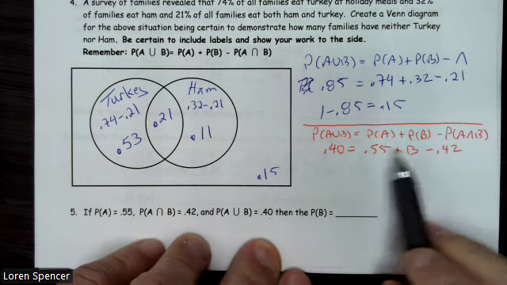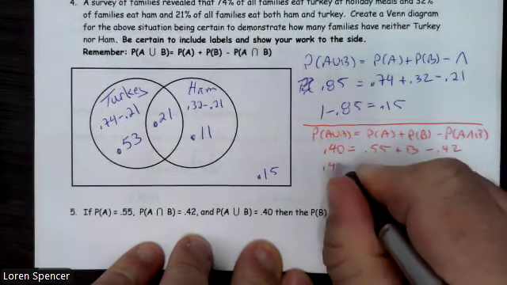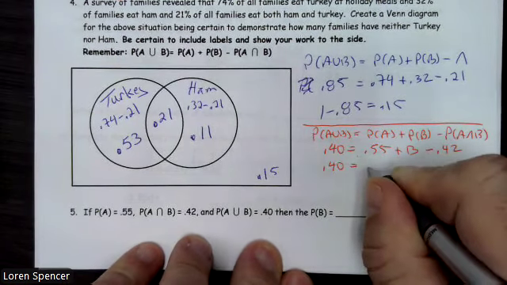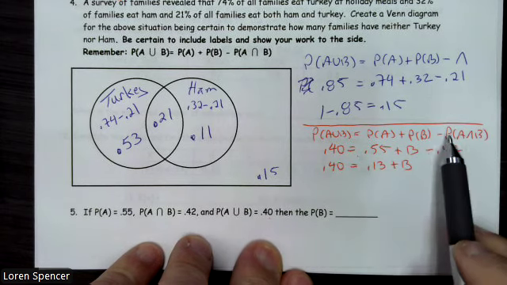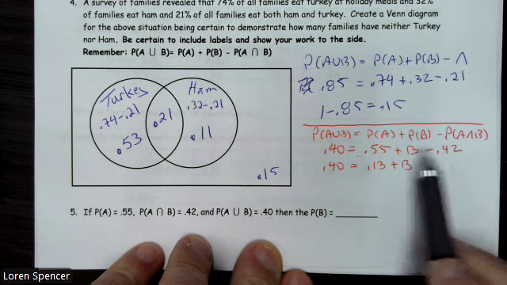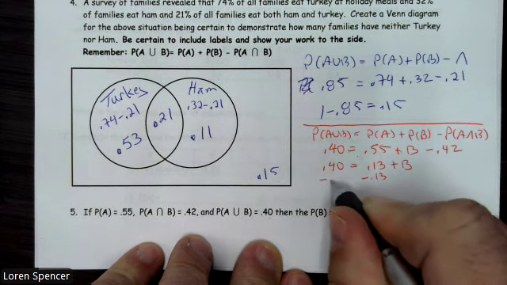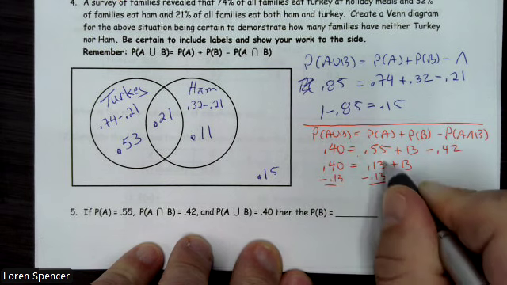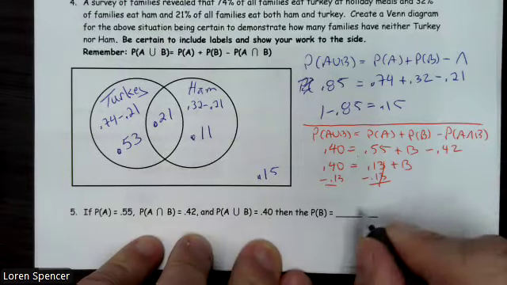Well, I can subtract the 55 and the 42, and now I have 0.40 equals 0.13 plus B, because I subtracted the 42 from the 55. If I subtract 0.13 from both sides, I end up getting 0.27.